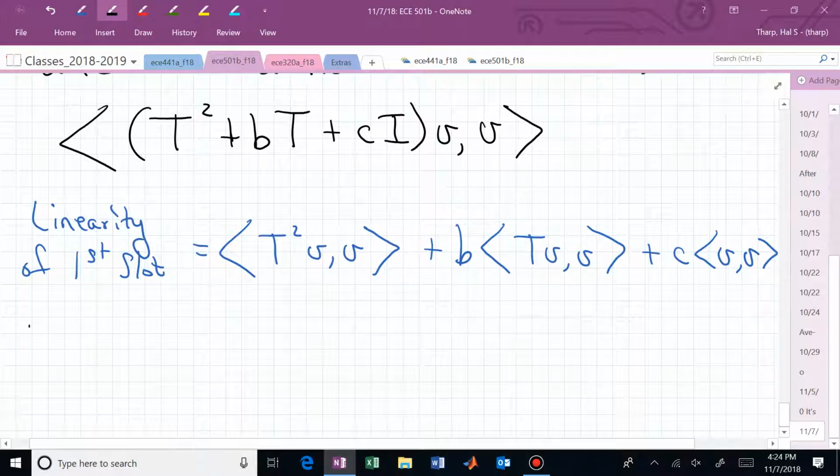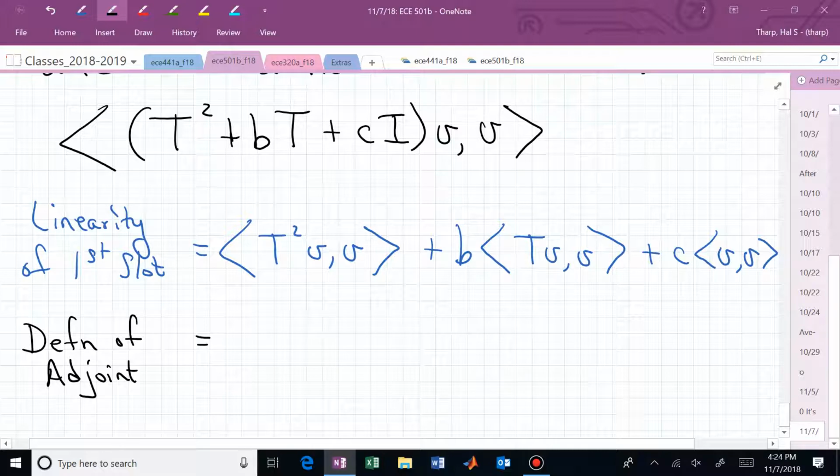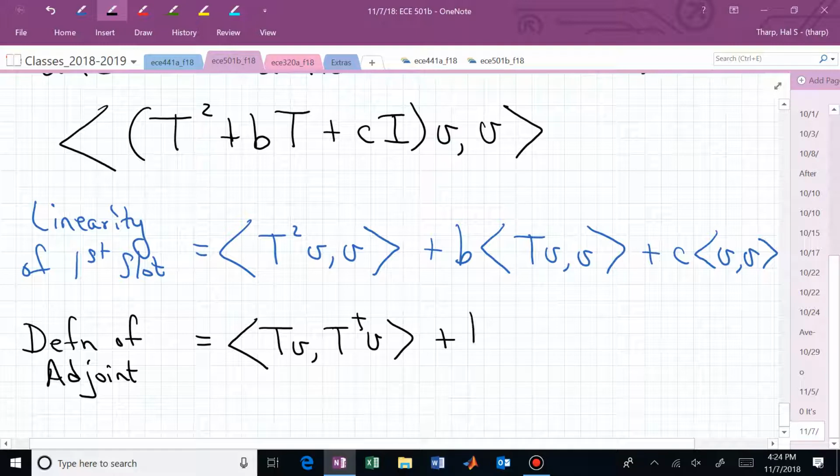So now the definition of the adjoint allows us to rewrite that as TV, T dagger V, plus B TV, V, plus C V, V.